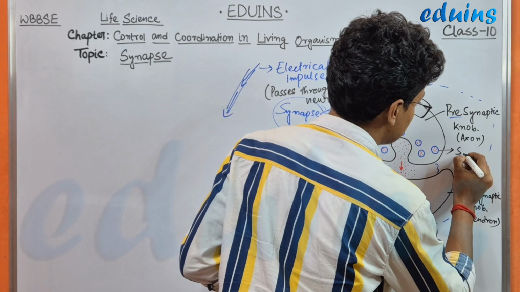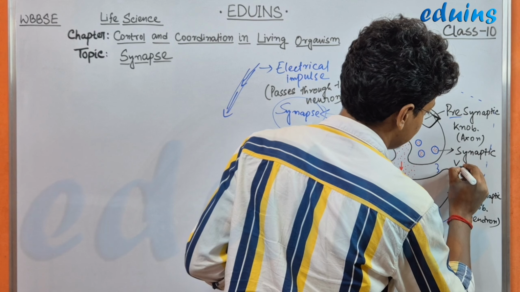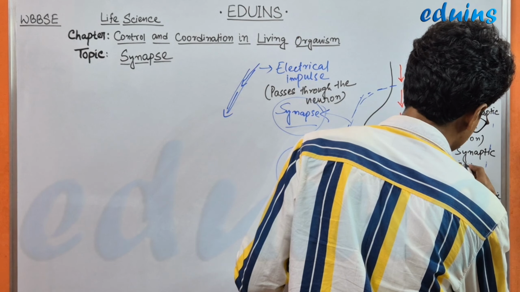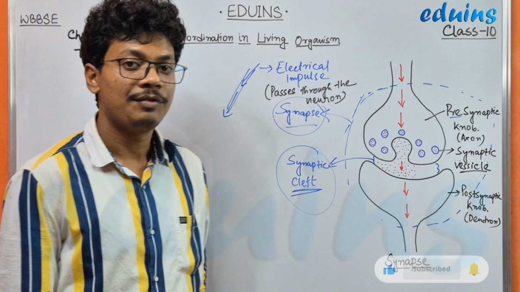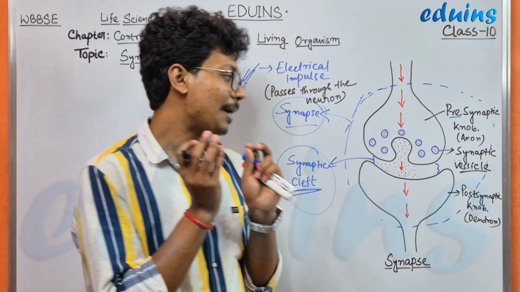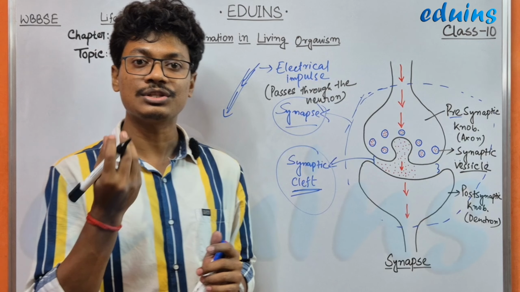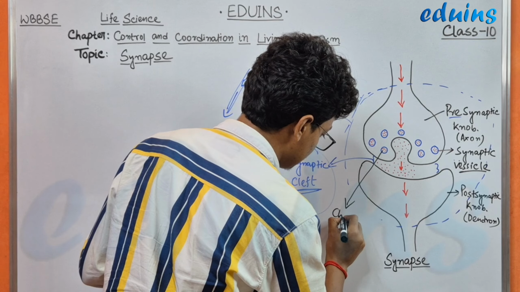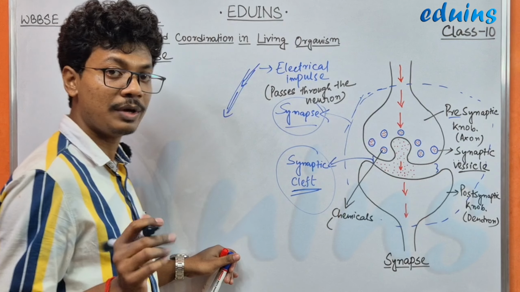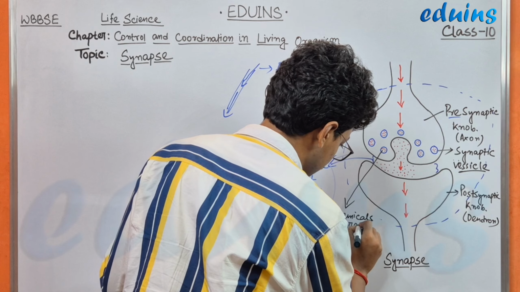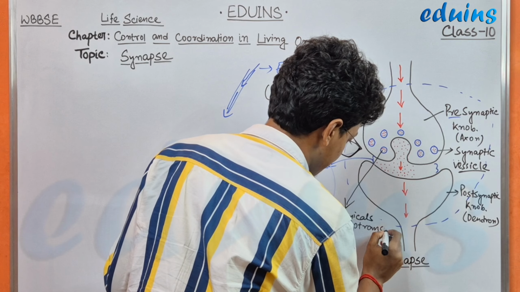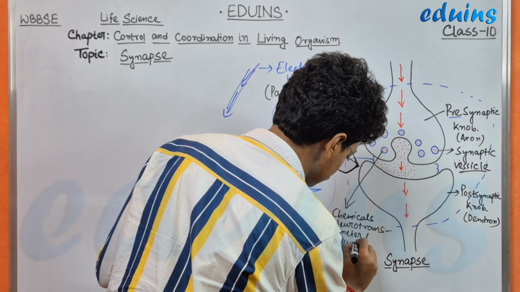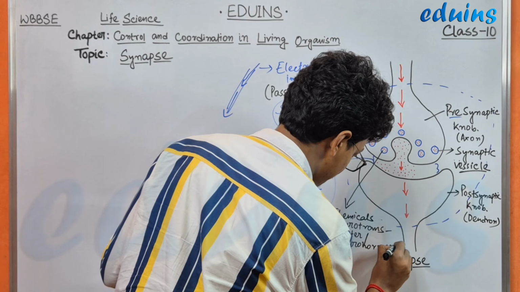These are known as synaptic vesicles. These synaptic vesicles are packages of chemicals known as neurotransmitters. They are also known as neurohormones.